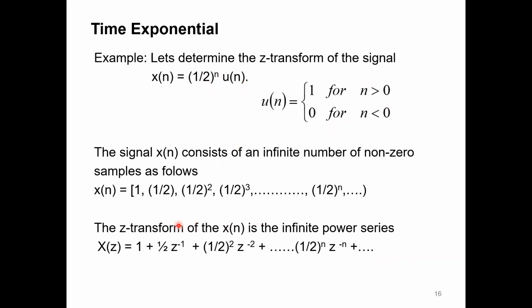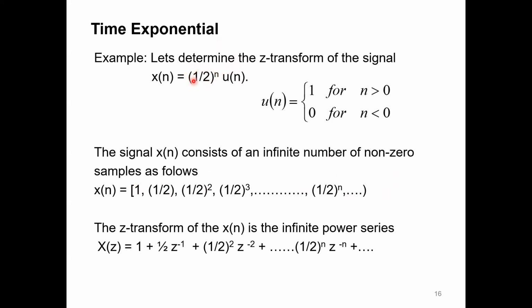So if you write down all the samples, the first sample is when n equals 0. u0 is half to the 0, which is 1. The second sample is n equals 1, then it is half. The third sample is half squared, then half cubed, and so on. It continues like that. This is the sample sequence.